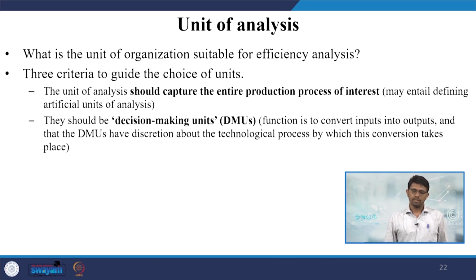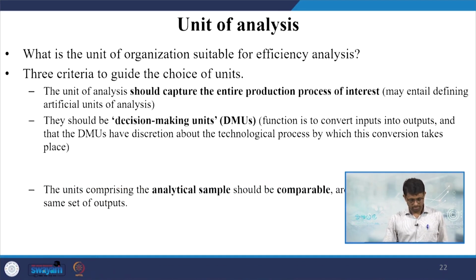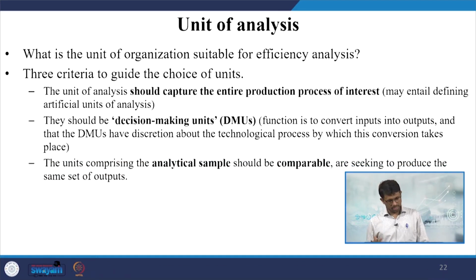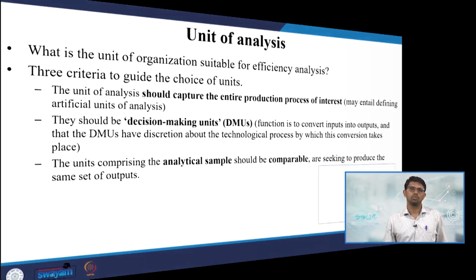There should be DMUs, decision making units, whose function is to convert inputs to outputs, and the DMUs have discretion about the technological process by which this conversion takes place. The units comprising the analytical sample should be comparable and seeking to produce the same set of output.